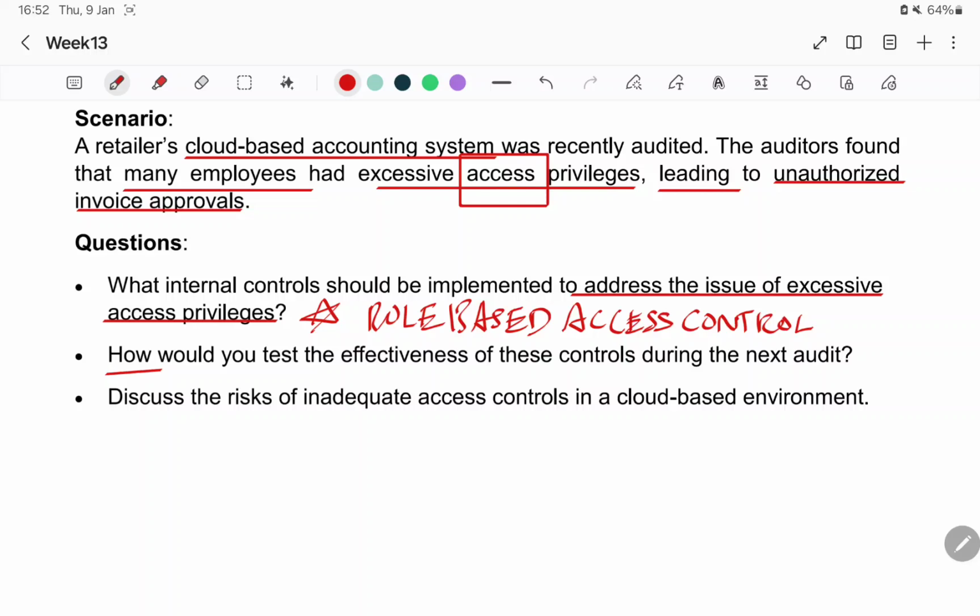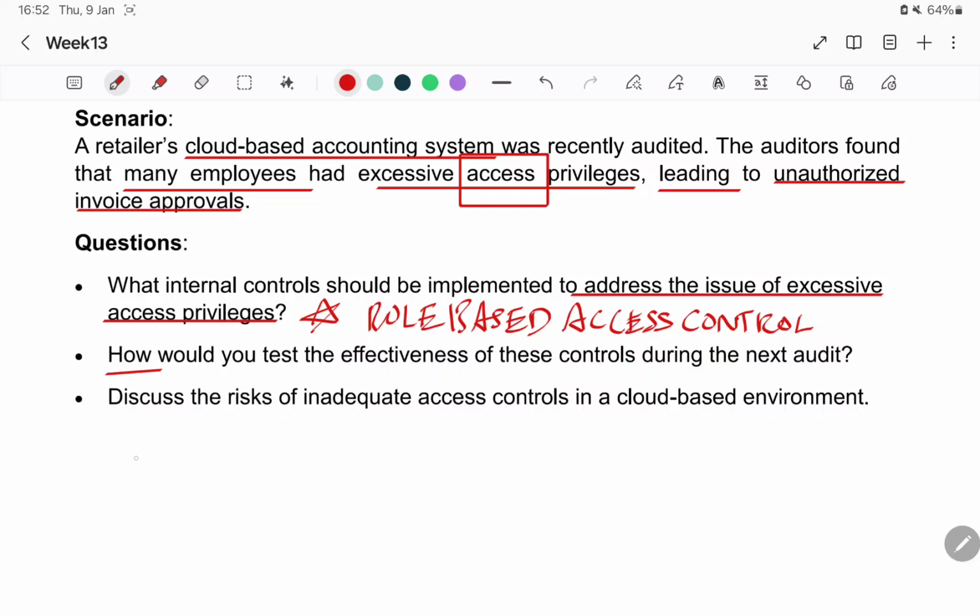You will try to access the system using the accounts technician role, to see if this person can approve the invoices or not. Yes, you can make this kind of scenario to discuss.